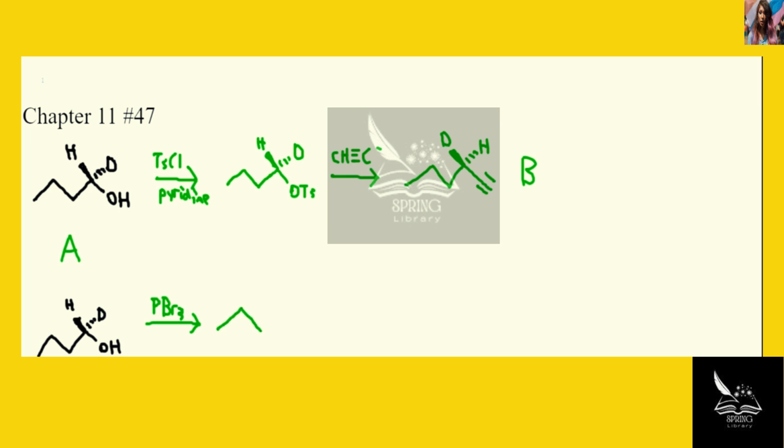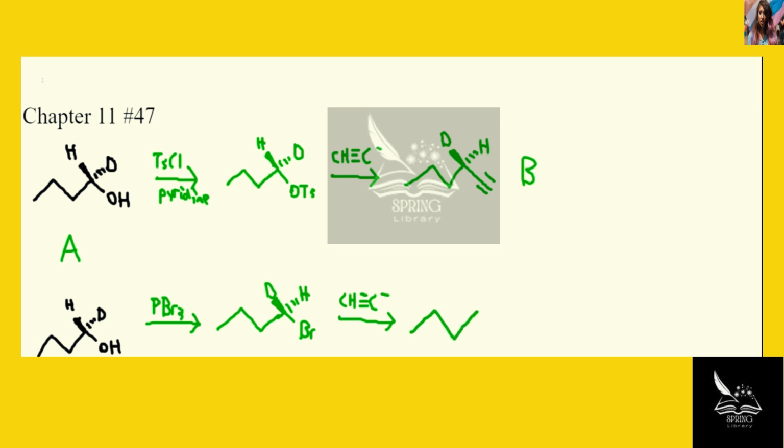And so the product from this PBr3 reaction is going to be the alkyl bromide, but our stereochemistry here will be inverted. And so this is good because now when we use that same acetylide ion as we used in the first part of this problem, we will again get inversion of stereochemistry.